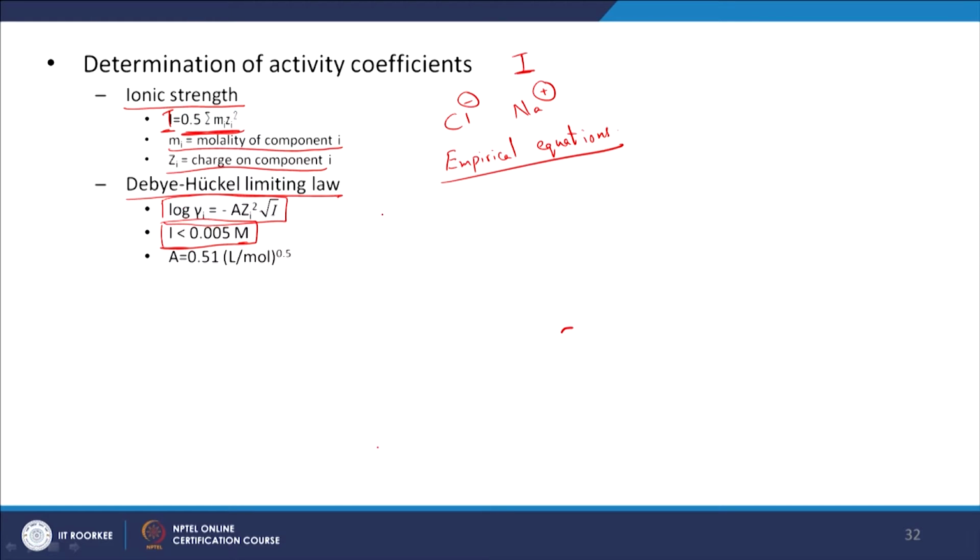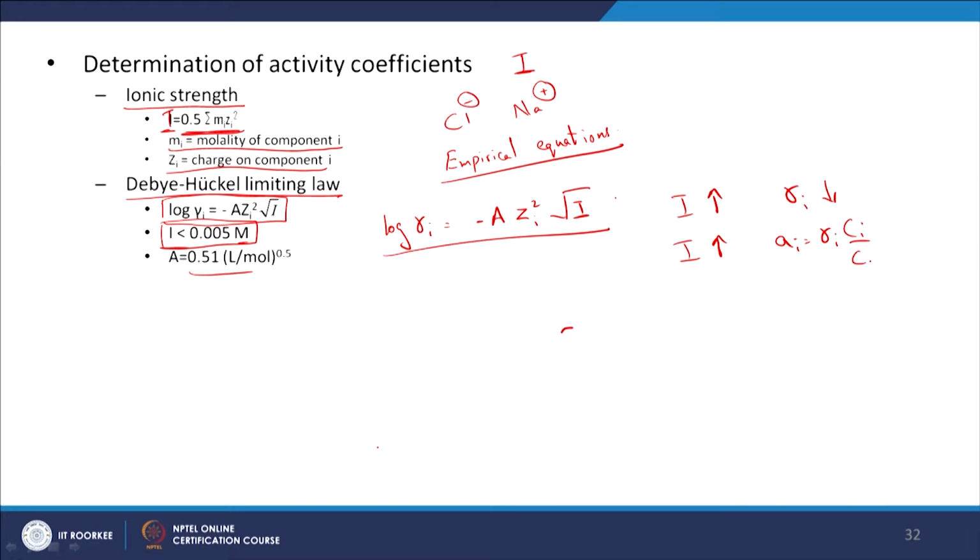So we have log gamma i equal to minus A, which is a constant here, times charge square times square root of I. So what do you see here? As ionic strength increases, the activity coefficient decreases. And what does this mean now? As your ionic strength increases, your activity, which is equal to gamma i into Ci by C standard, also decreases.